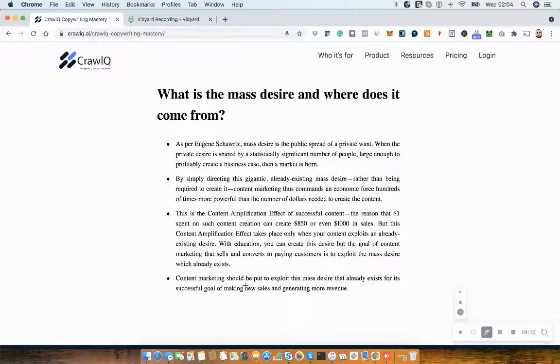Content marketing should be put to exploit this mass desire and not create it, for its successful goal of making new sales and generating more revenue. So the key here is to understand what mass desire is, where it comes from, and that you're not creating a mass desire but exploiting it, and that's called by Eugene Schwartz the content amplification effect.